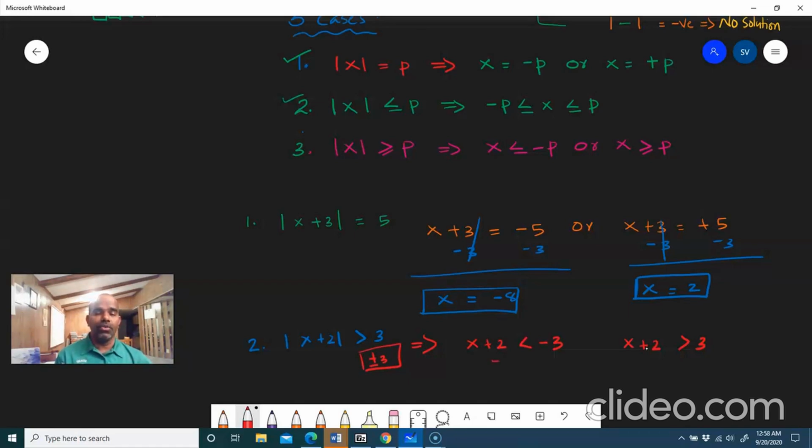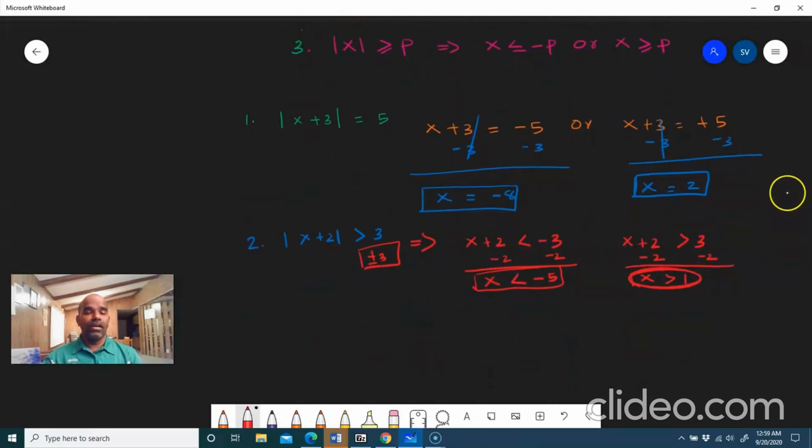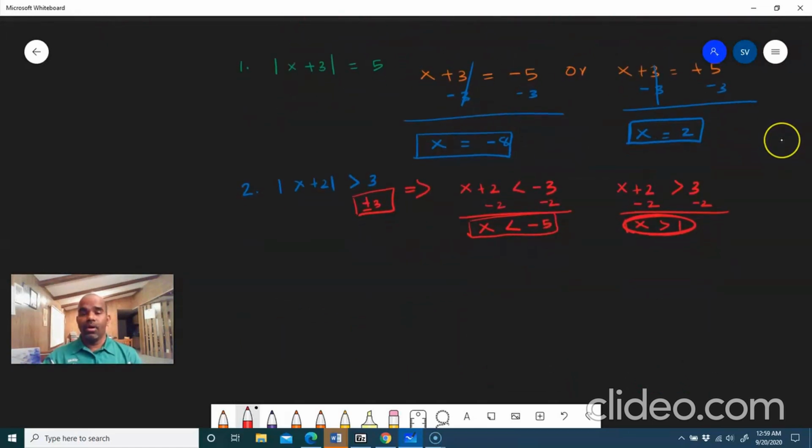Eliminate 2 on both sides, so this will be x less than negative 5. Eliminate 2 on both sides, and this will be x greater than 1. So we have two solutions for this particular problem. That is the greater than case. In exactly the same way you can do the less than case also.